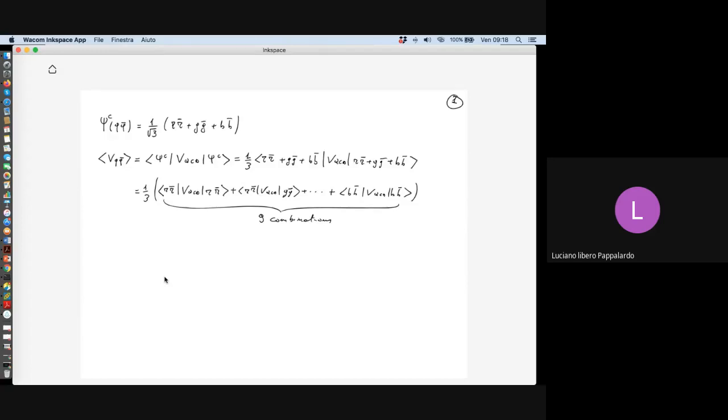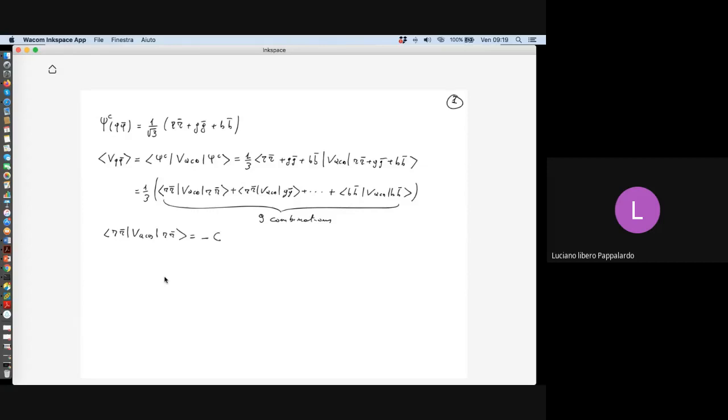Now we calculate the expectation value for each of these color combinations. For the first one, we have red anti-red, VQCD, red anti-red. Since it is a quark anti-quark pair, it is an attractive potential, so we have the minus sign.